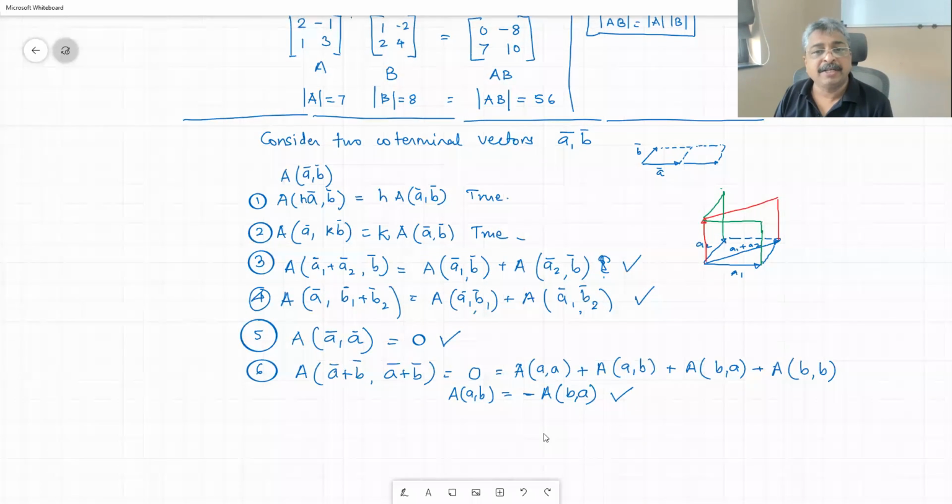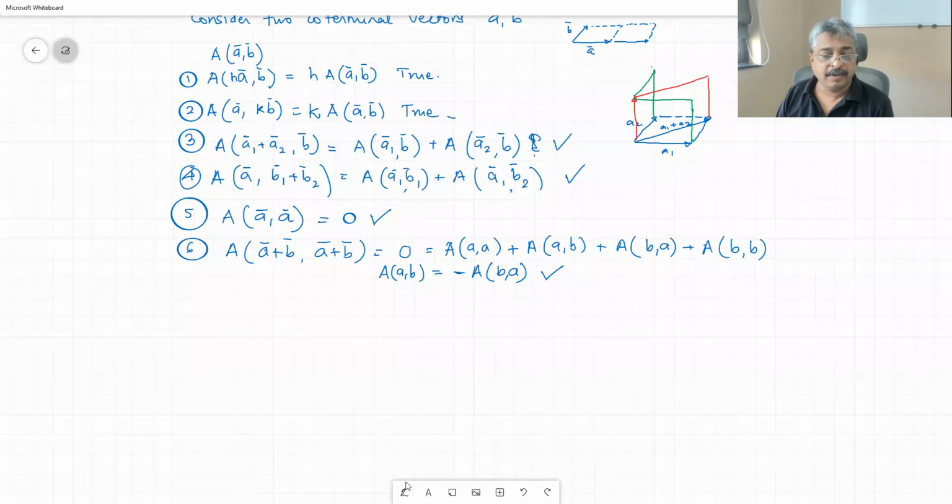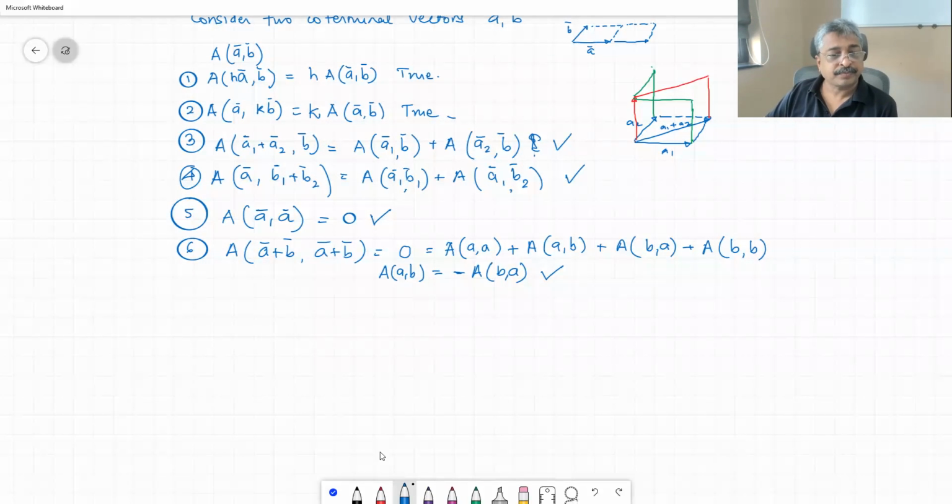Instead of handling the general vectors A B, let us handle A B with basis i. Oh, maybe before that, area of our vector i comma j, where they are standard unit vectors, mutually perpendicular.